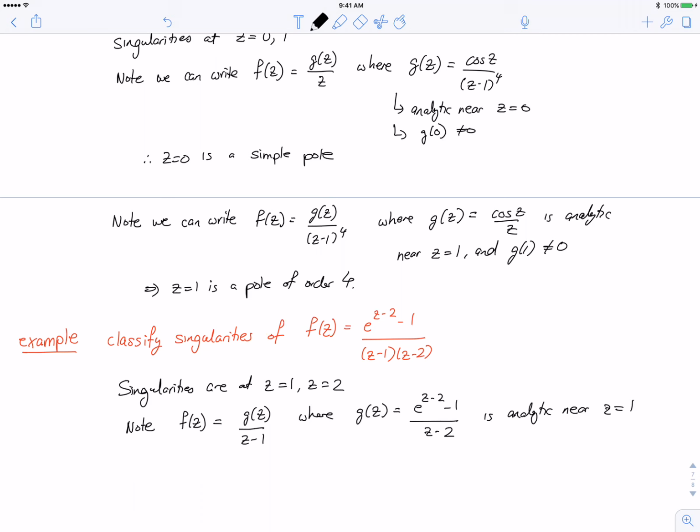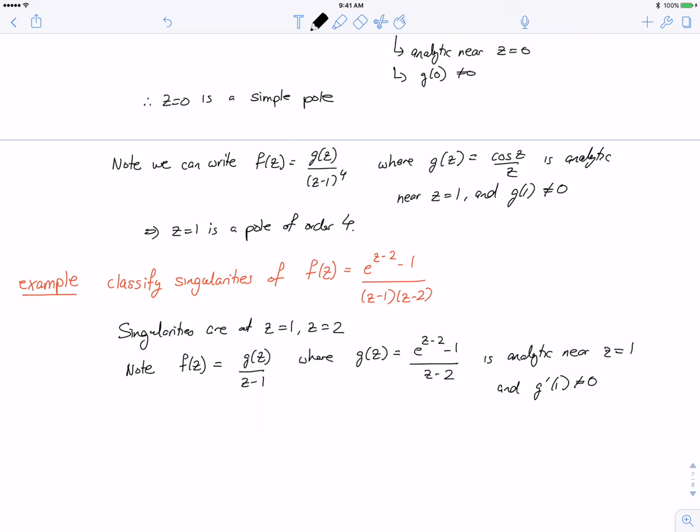Because the only place it's not analytic is when z equals 2. And g of 1 is non-zero, because if you sub in 1 on the numerator, you're going to get e to the power of negative 1 minus 1, which is non-zero. So again, by that same definition that we had before, I can see that z equals 1 is a simple pole.